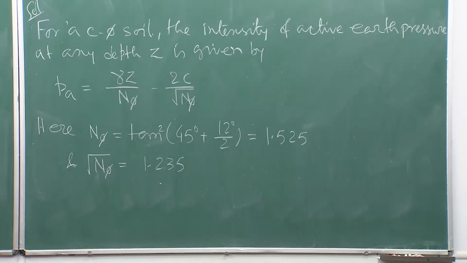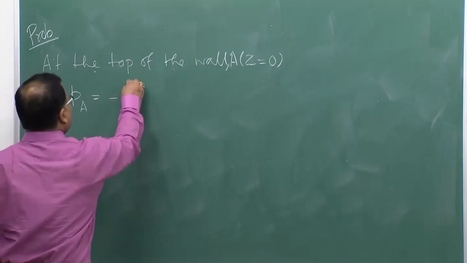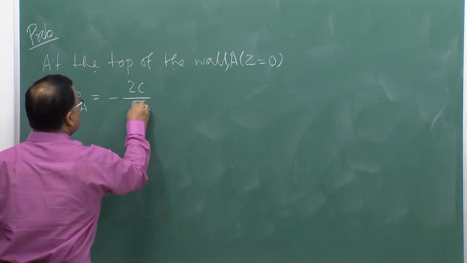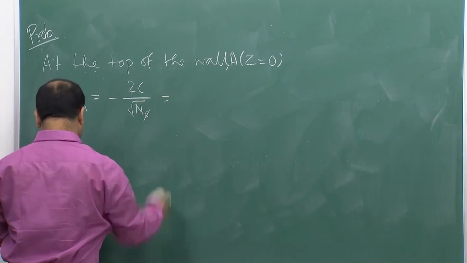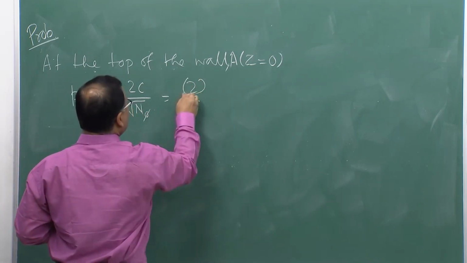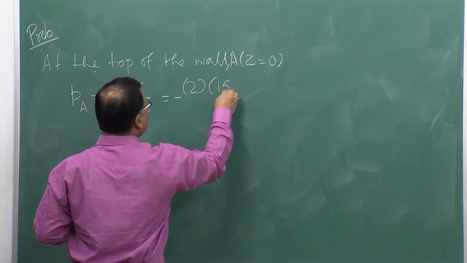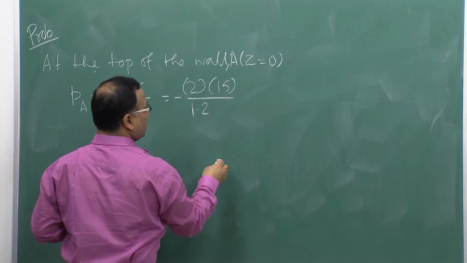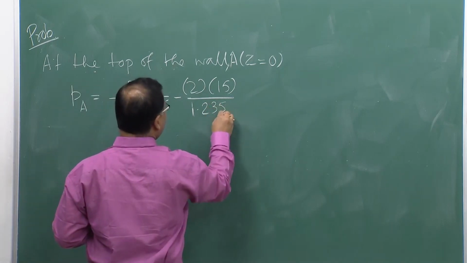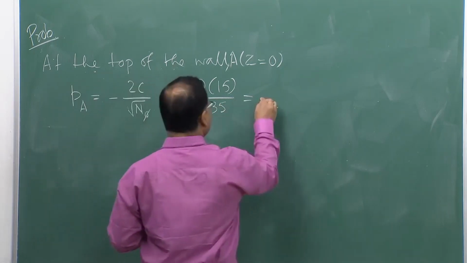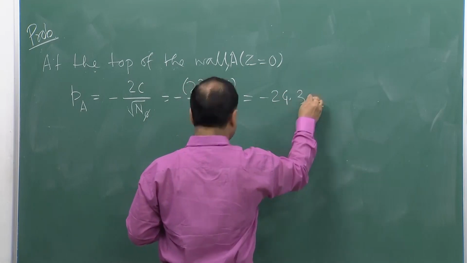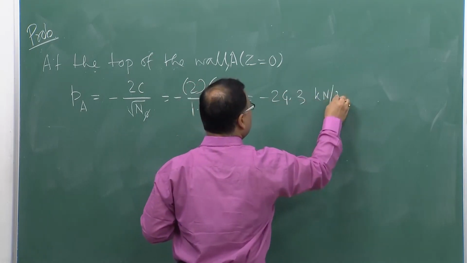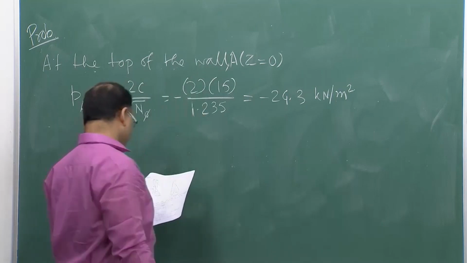So, gamma Z by n phi will be 0. So, the remaining part will be minus 2C by root over n phi. So, I can write minus 2 into 15 by 1.235, which gives me minus 24.3 kilonewton per meter square.